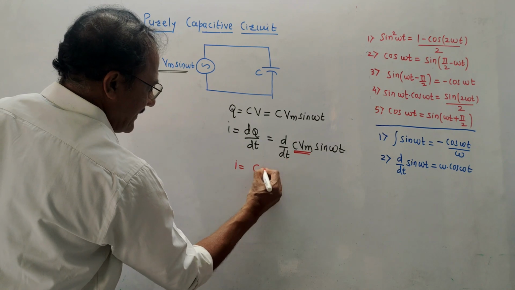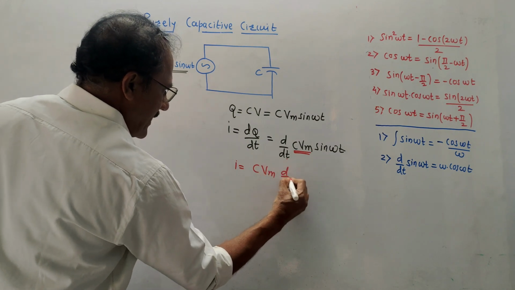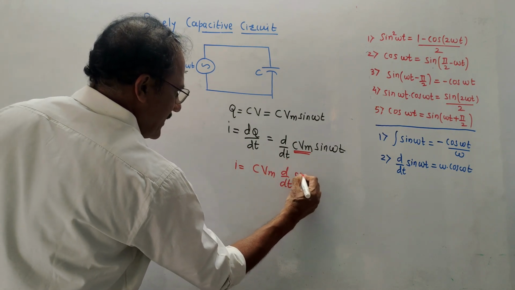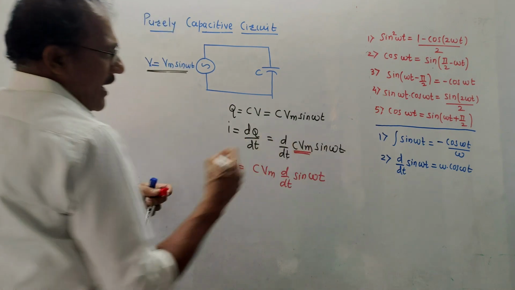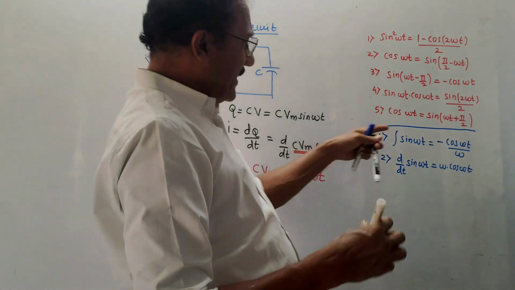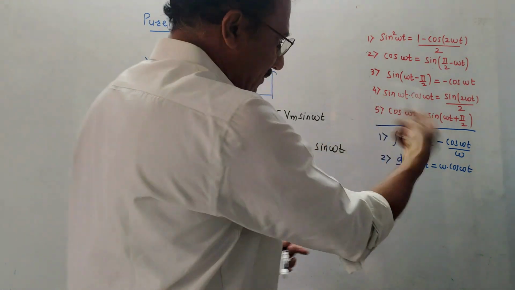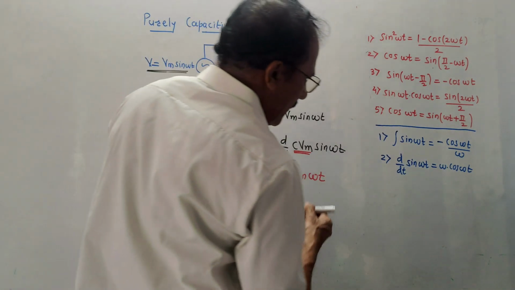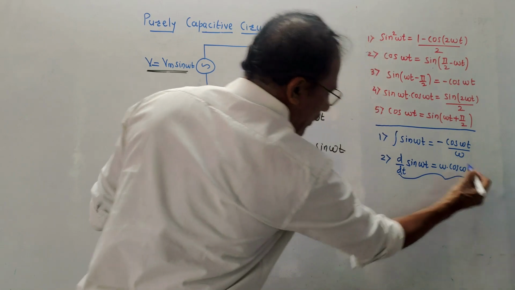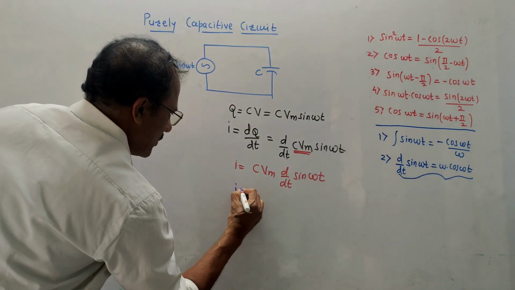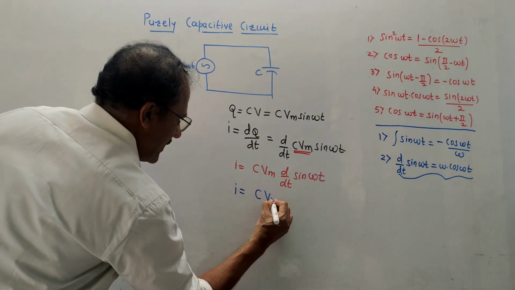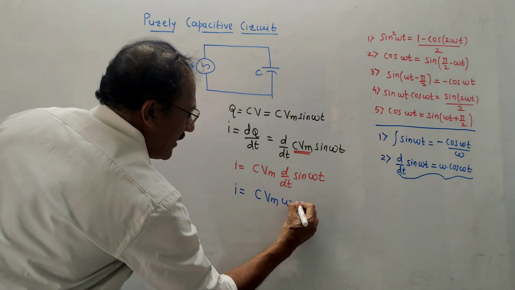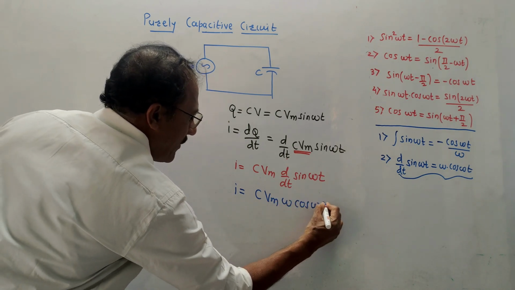So I will write CVm d by dt of sin omega t. I have written the corresponding formula. Only one integration and one derivative formula is required for these derivations. The derivative of sine is omega into cos omega t. So the equation of current is CVm omega into cos omega t.